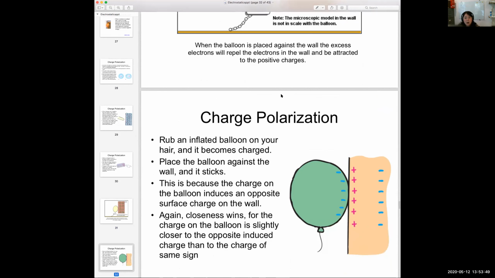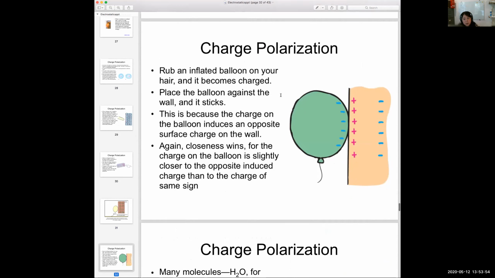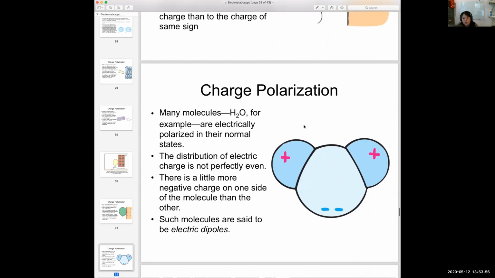So this is the water molecule, and by nature it is positive on one side and negative on the other. They act as naturally polarized. You don't need a charged object nearby; because of the shape of the molecule, they act like an electric dipole themselves.